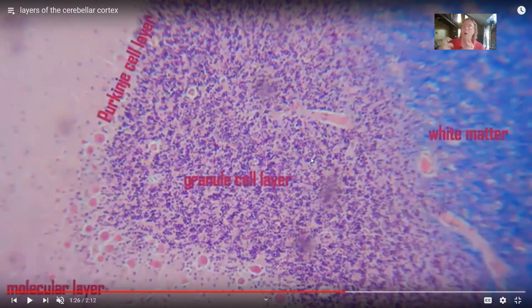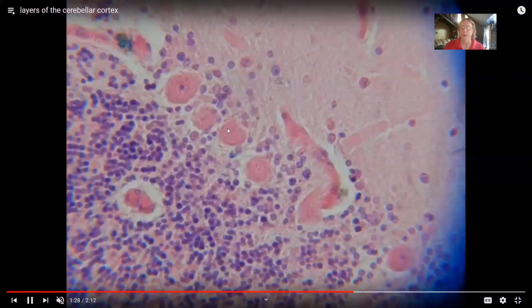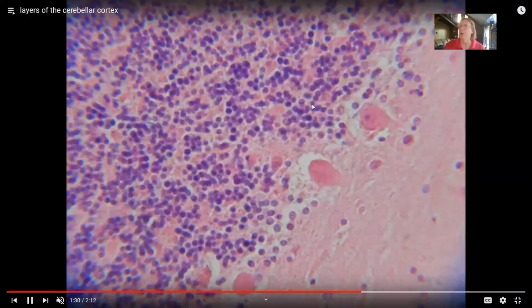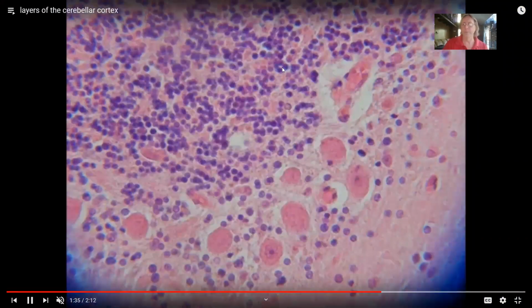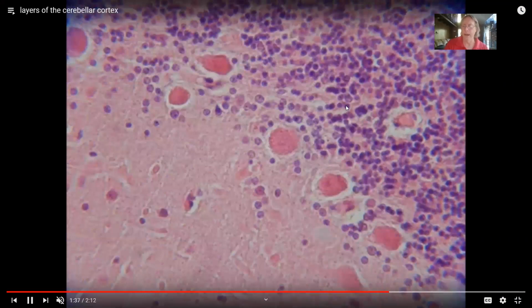Nowhere in the brain are neurons as tightly packed as here. And then there is a monolayer of huge neurons called Purkinje cells. Here you can see the soma of the Purkinje cells. Notice how much larger they are compared to the neurons of the granule cell layer.